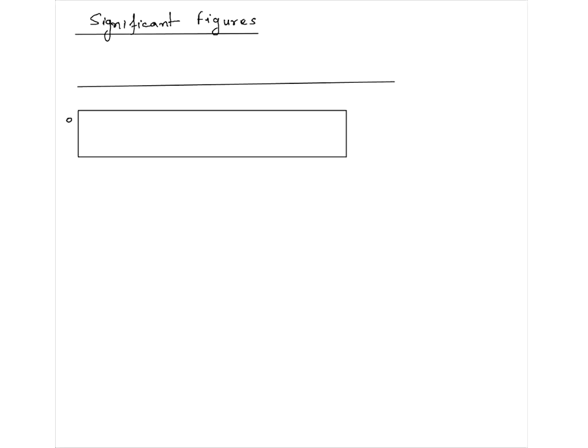as 0, 1, 2, 3, 4, and that's it. What you are trying to measure is, let's say, this.